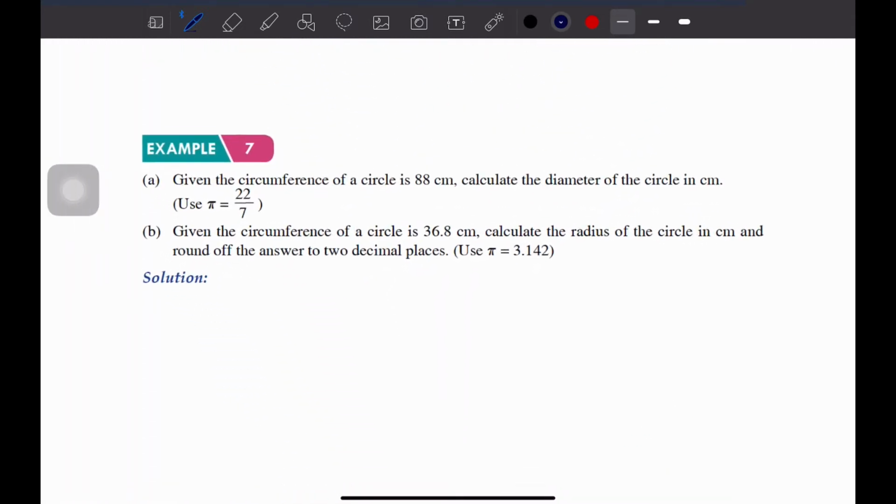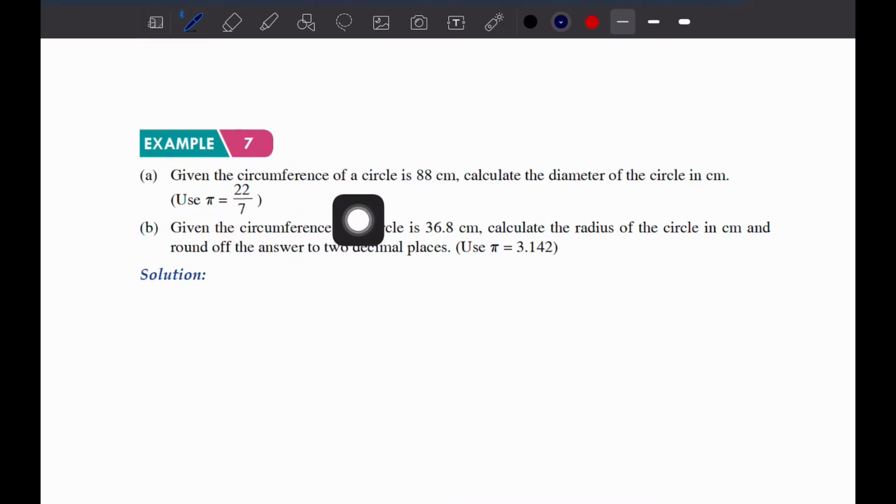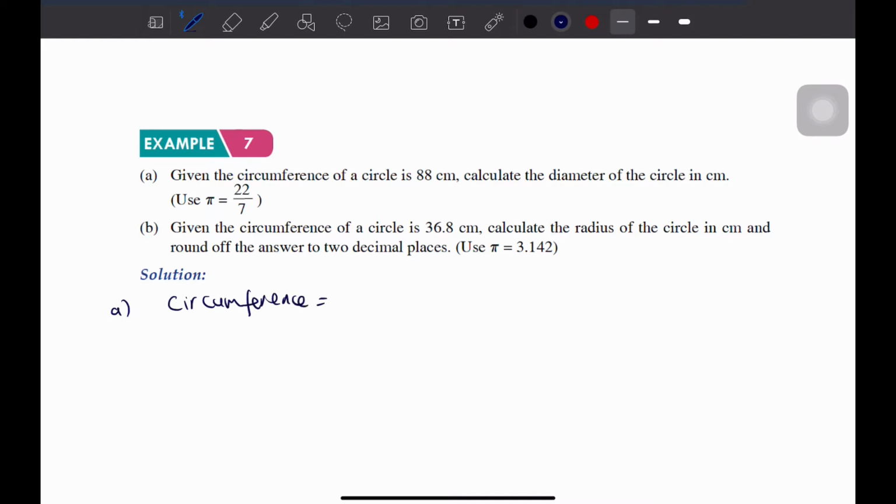Next, example 7. Given the circumference of a circle is 88 centimeter, calculate the diameter of the circle in centimeter. So first you need to write the formula for circumference. Circumference is equal to pi d. Now, the question asks us to find the diameter.